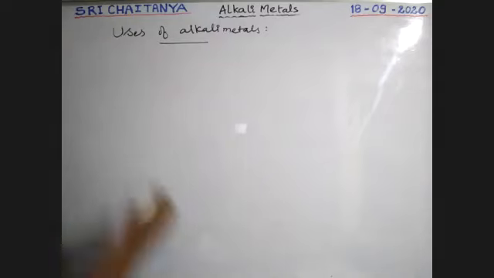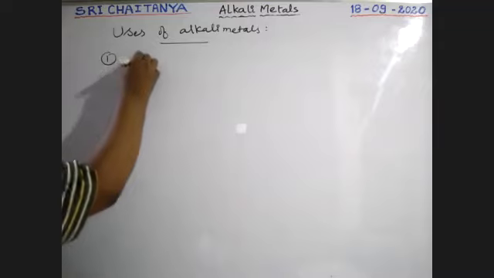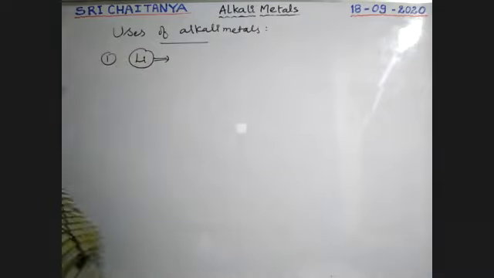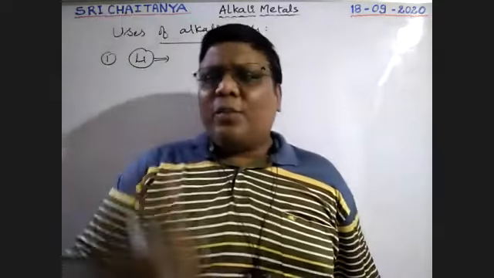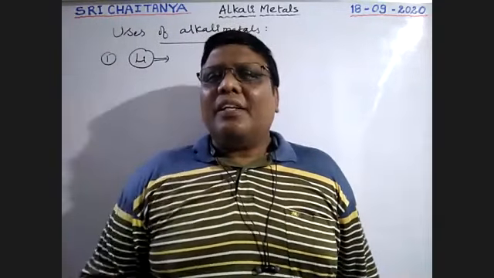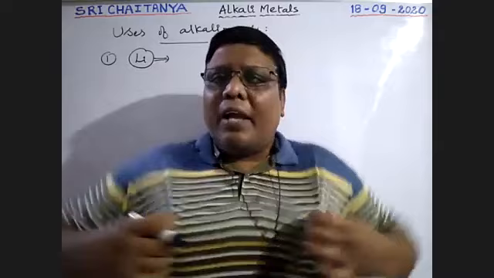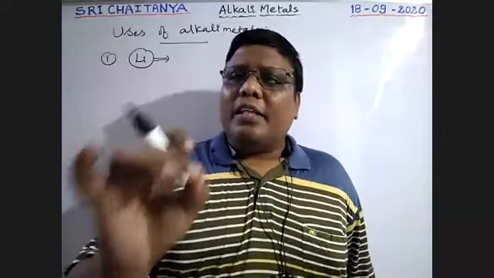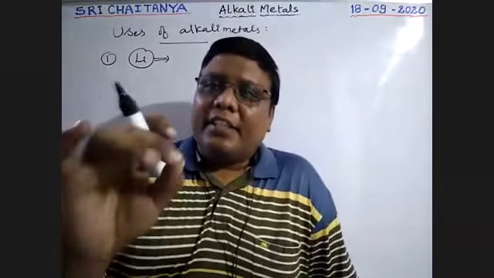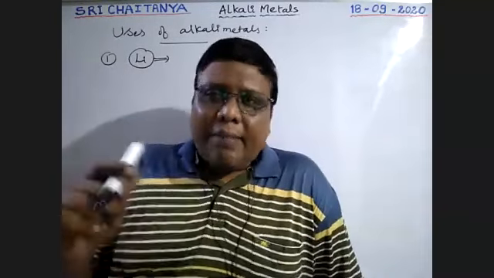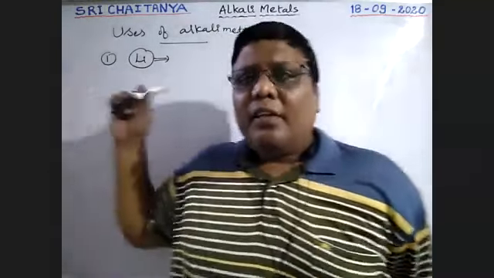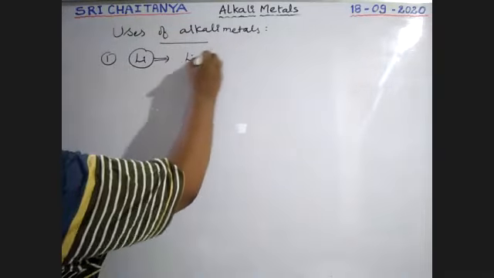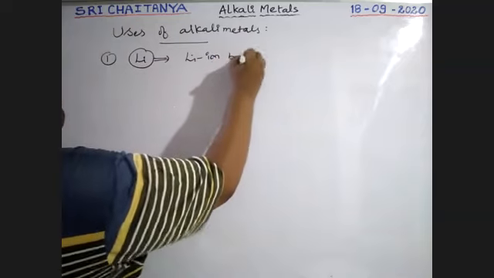See here, first one. What is that first alkali metal? That is lithium. So where is it used, boys? Daily we are using it: lithium ion batteries in your mobiles. All those lithium ion batteries, that is rechargeable batteries, are nowadays made with lithium. That is the most important part.